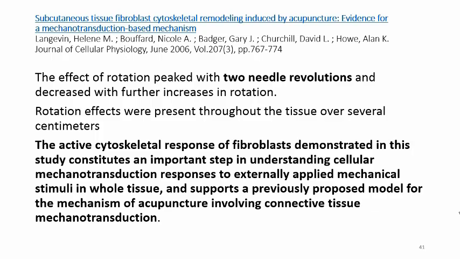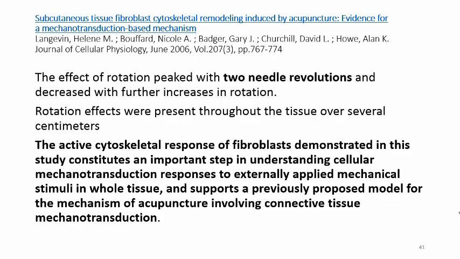And this is really a summary of that paper that I had cited that's really showing the effect of the rotation that peaked when they put the needle in with 2 needle revolutions. And it was going to decrease with further increases in rotation. And the rotation effect of that one acupuncture needle was present throughout the tissue over several centimeters.